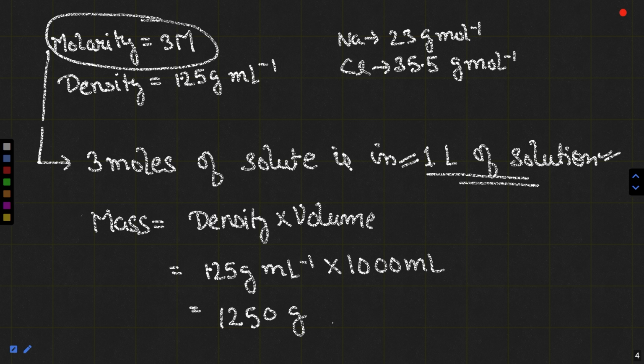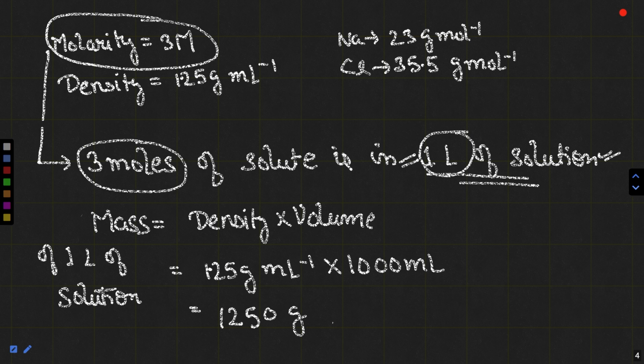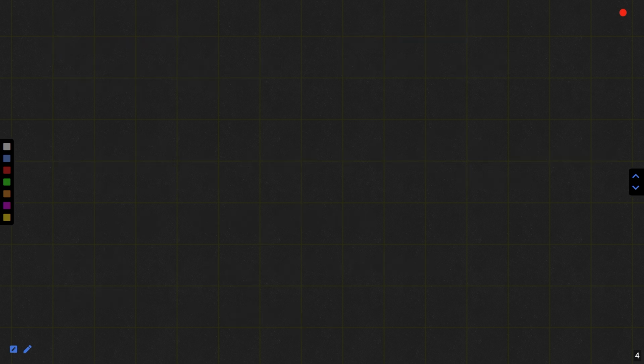Got it? Now we have the mass of 1 liter of solution. And in that 1 liter solution, we have 3 moles of the solute. So can we calculate the mass of solute in that 1 liter?